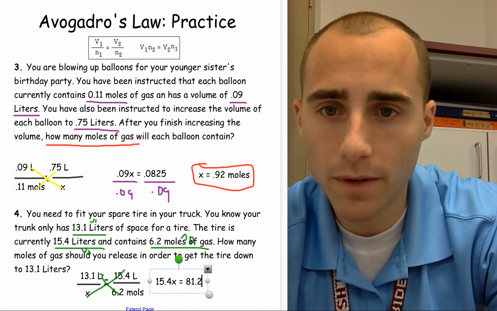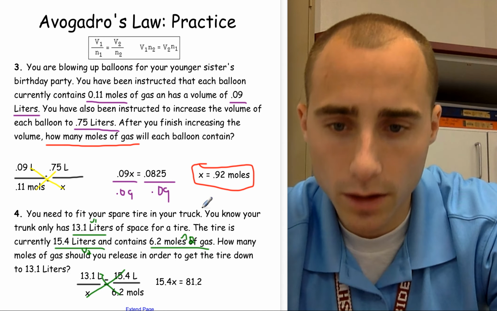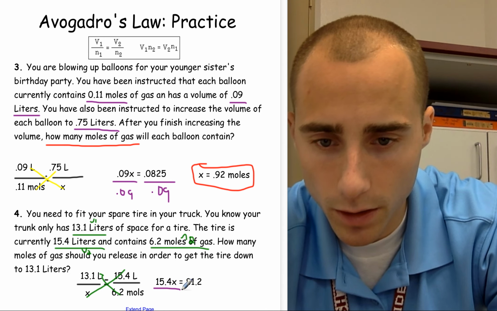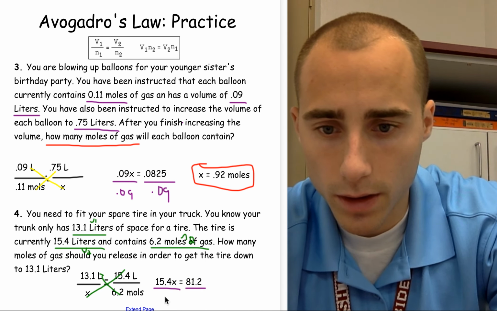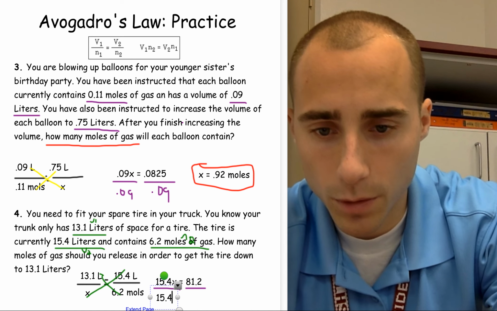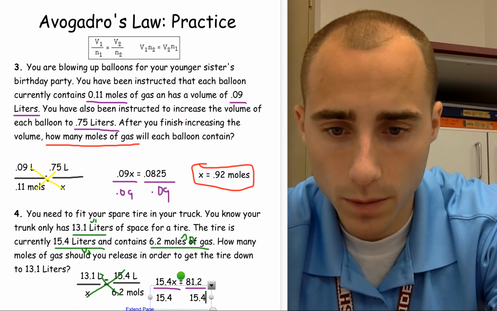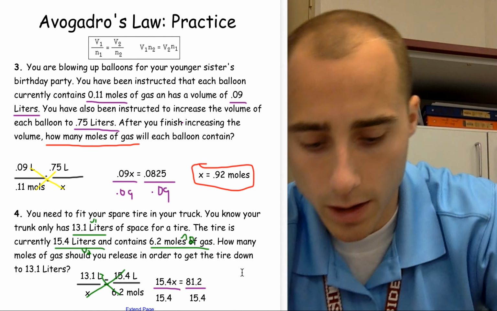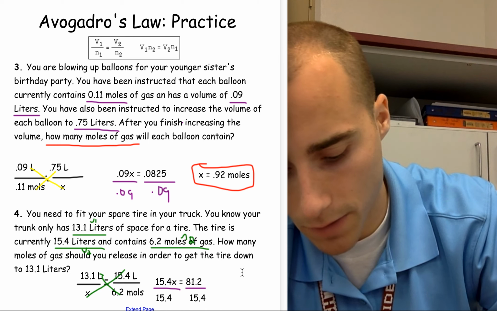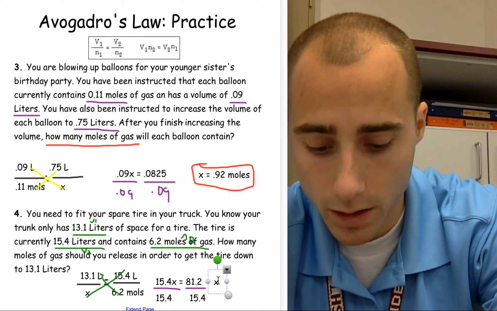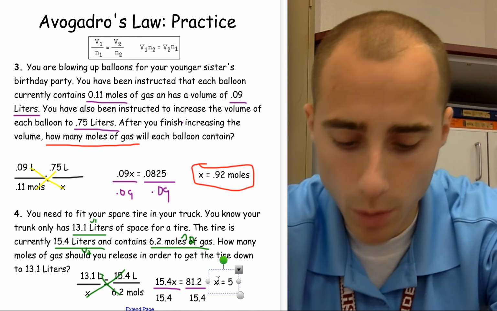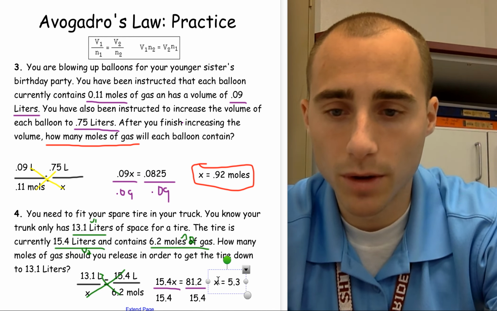And then we divide by 15.4, of course. Divide by 15.4, divide by 15.4, and 81.2 divided by 15.4, my x equals 5.3 is what I'm going to round it to.